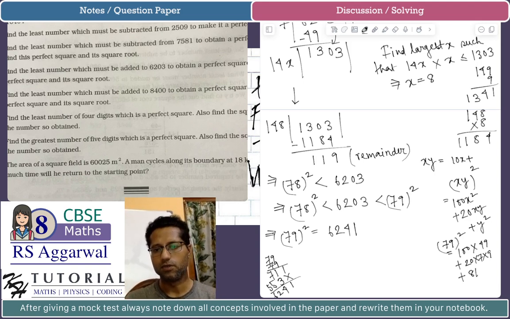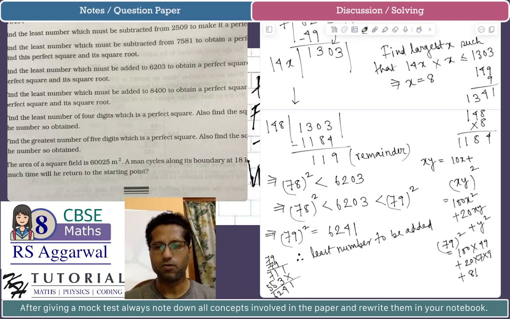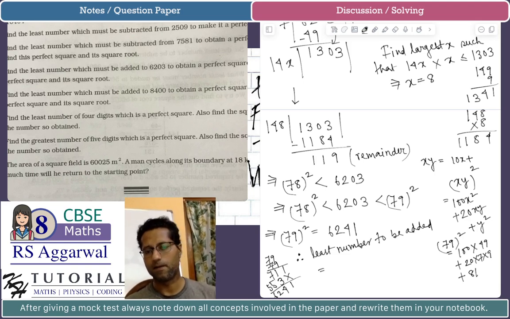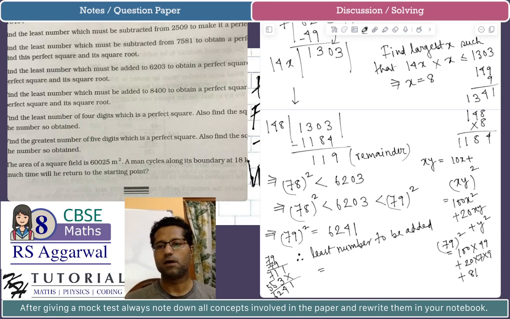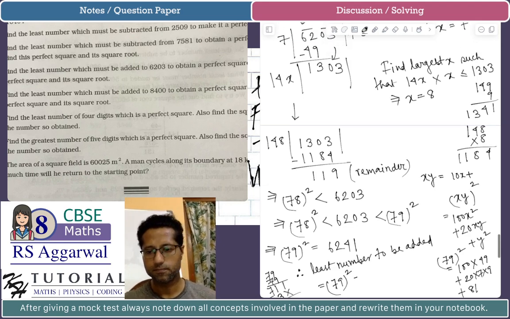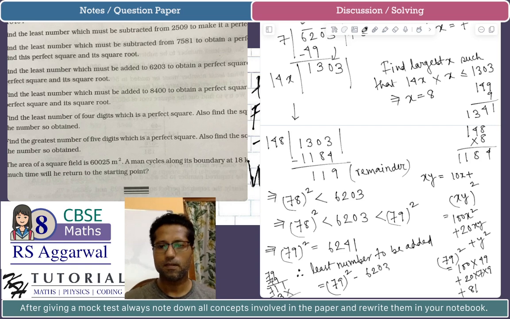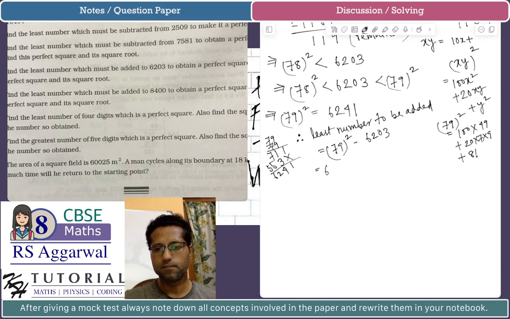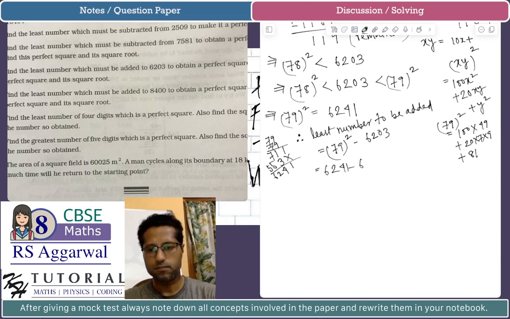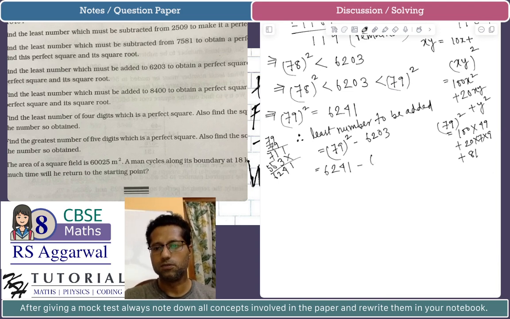Therefore, the least number to be added to the given number will be equal to the difference of 79 whole square and the given number, which was 6203. 79 whole square is 6241, minus 6203, which is equal to 38.